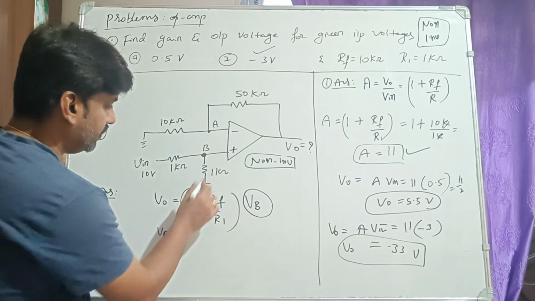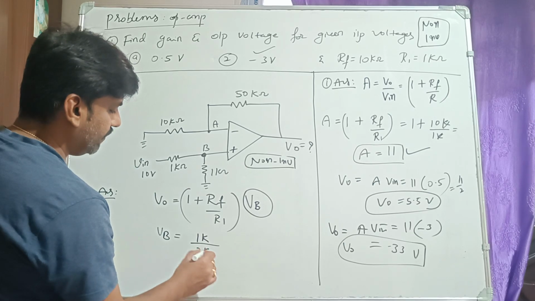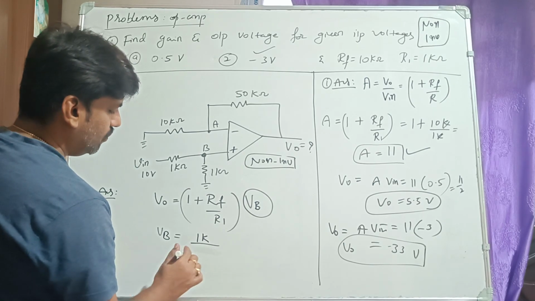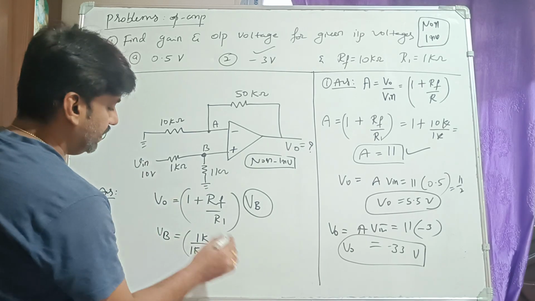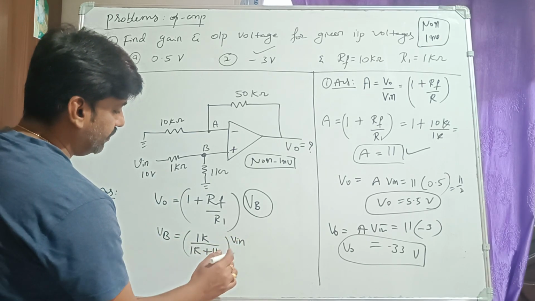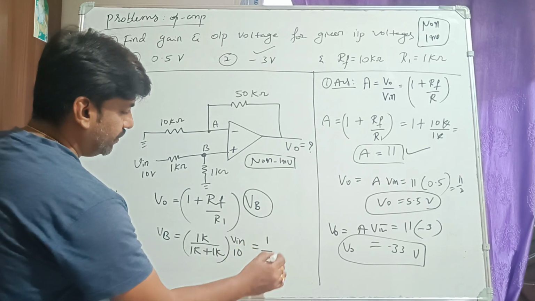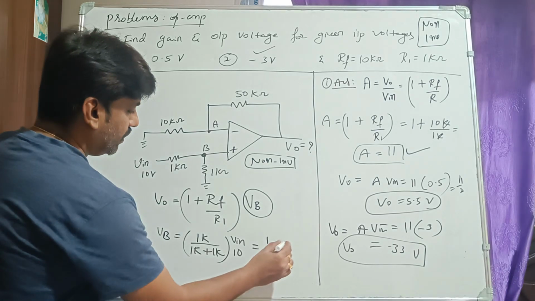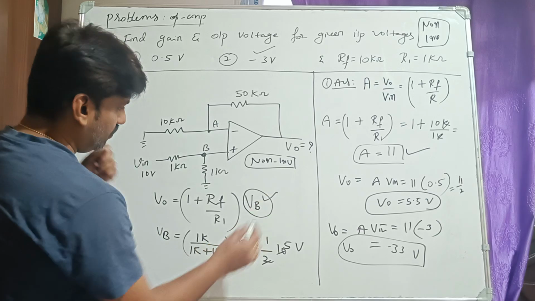VB is 1k divided by 1k plus 1k, that is 2k, multiplied by the input voltage. The input voltage is 10. So it is 1 divided by 2 multiplied by 10. VB is 5 volts.